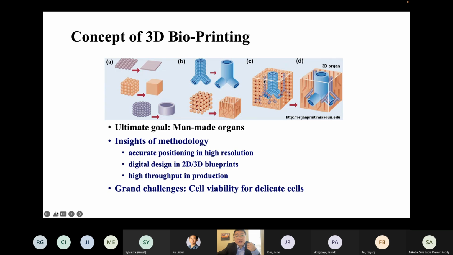And then eventually, what if we design and print very complicated structures and an even greater number and variety of cells, and eventually could they form a 3D organ? Well, nowadays it is very close, or maybe in some areas it is already a reality. So the ultimate goal: man-made organs.